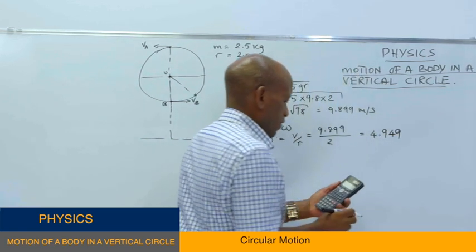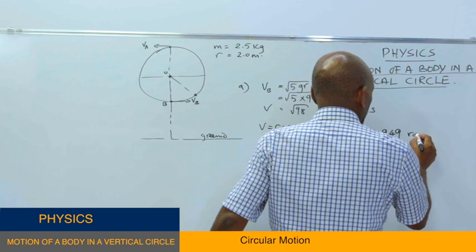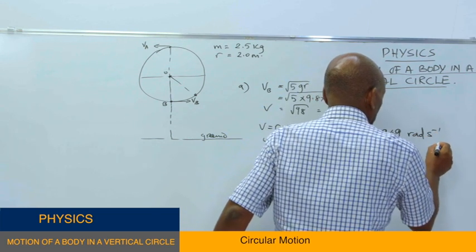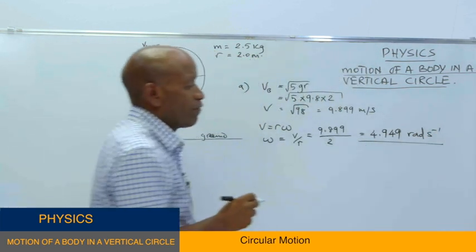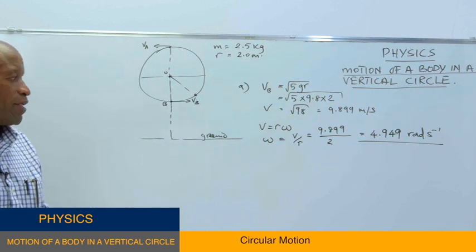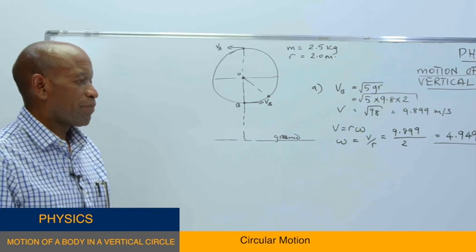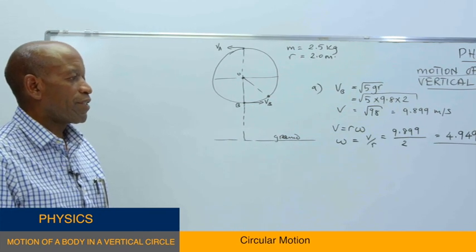And this is measured in radians per second. So our angular velocity is 4.949 radians per second. So that is part A.